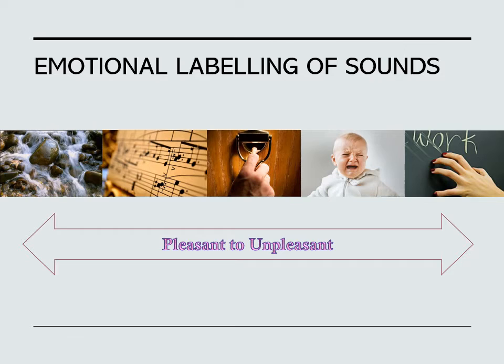Some are positive. For example, listening to music or maybe some natural sounds. But most sounds we hear are neutral. When somebody knocks at the door, it is neither pleasant or unpleasant to me.